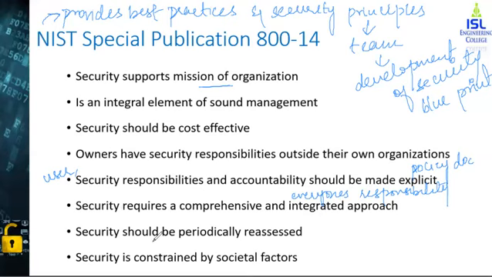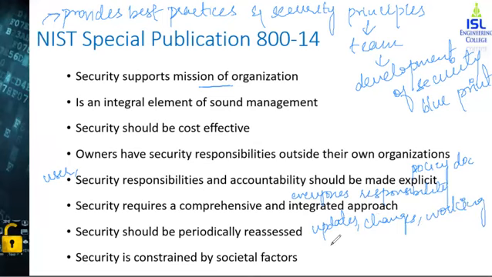Then the next is security should be periodically reassessed. Now, once you implement some security controls, you're not just going to leave it assuming it is going to do the job. You need to check whether it is doing the correct job, whether any updates or changes are required, and whether it is working properly the way you want it to work.